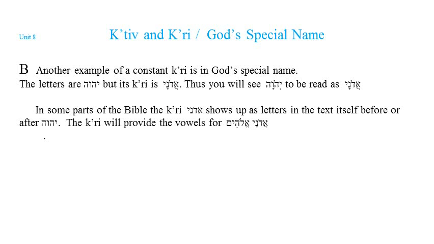So you will see this Yud He Vav He with the vowels of Adonai, here, Adonai, to tell us that when you see this, don't try and guess it, the word is to be read as Adonai.